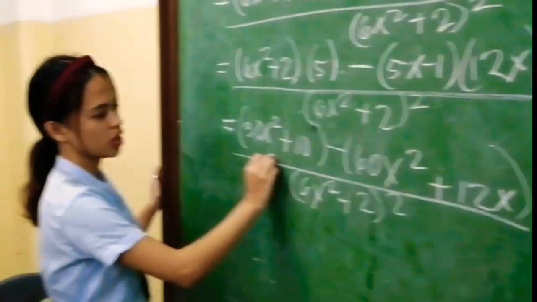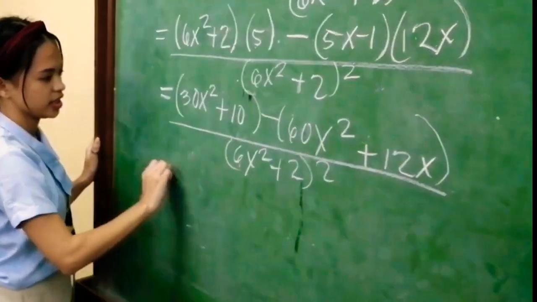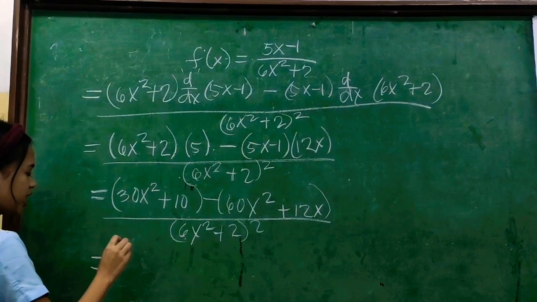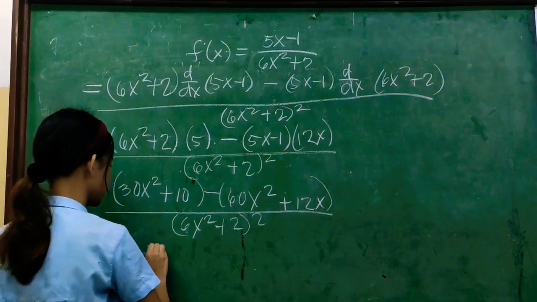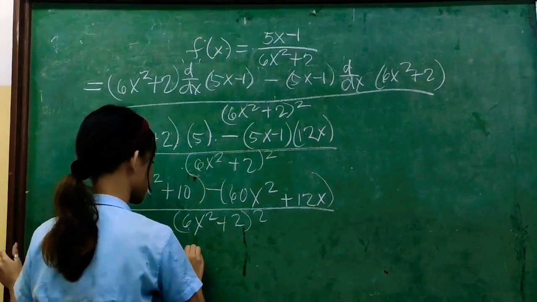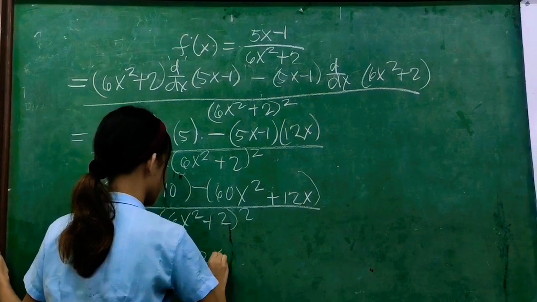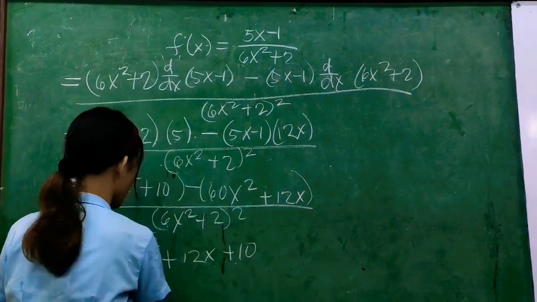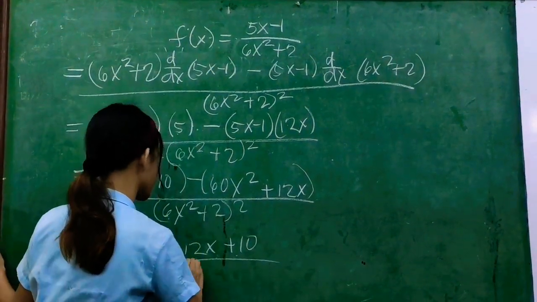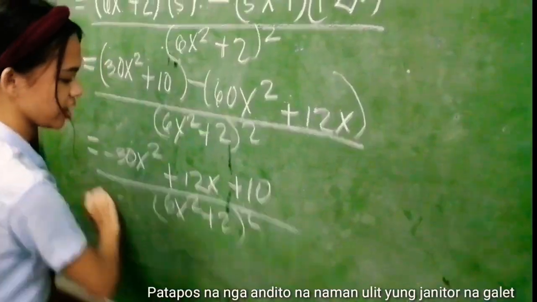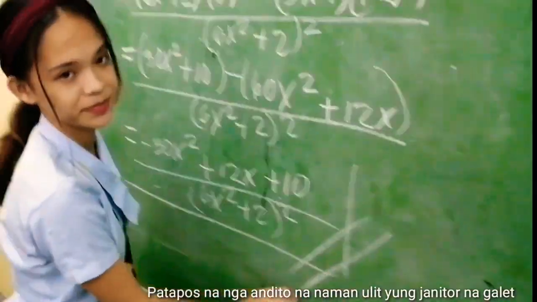Then we will solve both of these, and our final answer is negative 30x squared plus 12x plus 10 over 6x squared plus 2 squared. And this is our final answer.